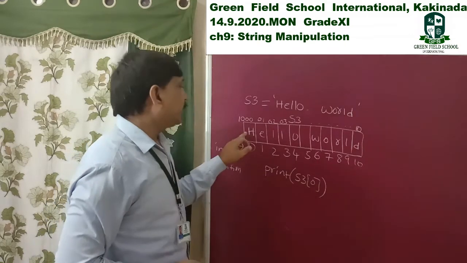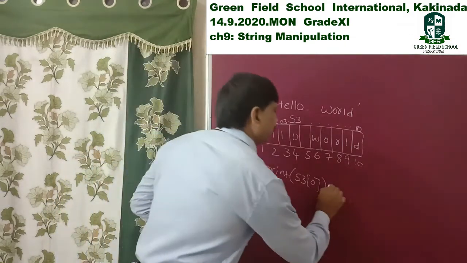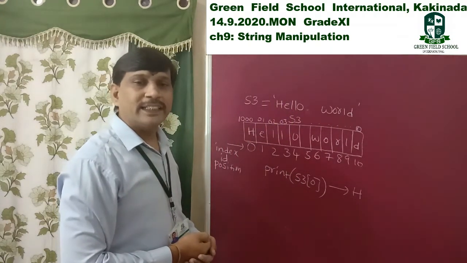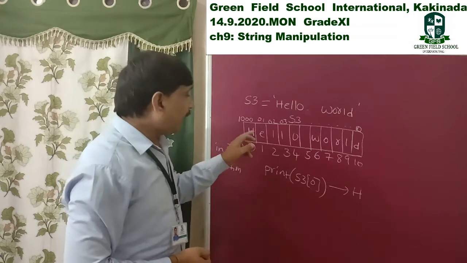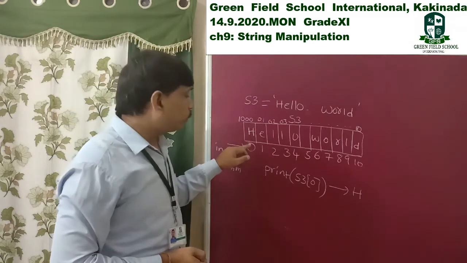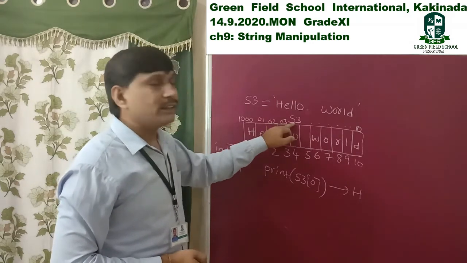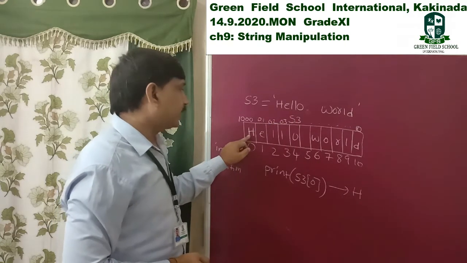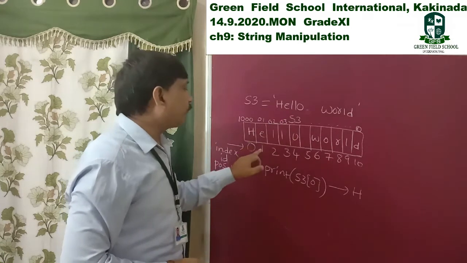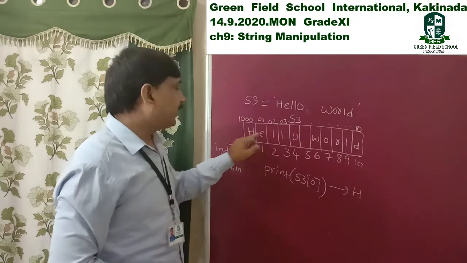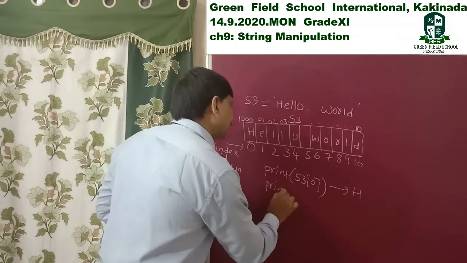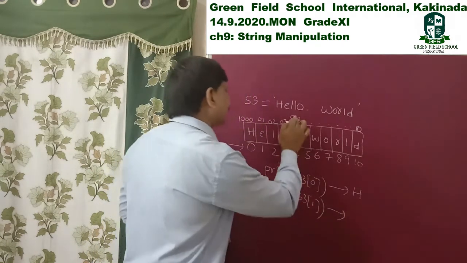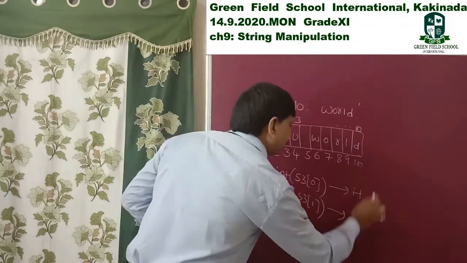S3 of 0 means it prints H. Only it prints the first character, that is H. So I access this first character by using this index and this string variable. S3 of 0 is H. Next I print S3 of 1. S3 of 1 means E.